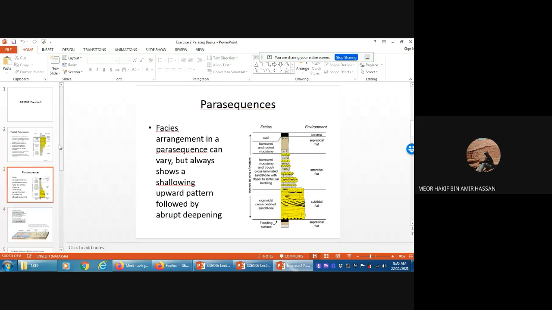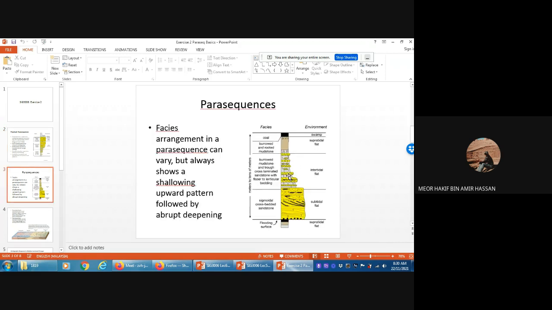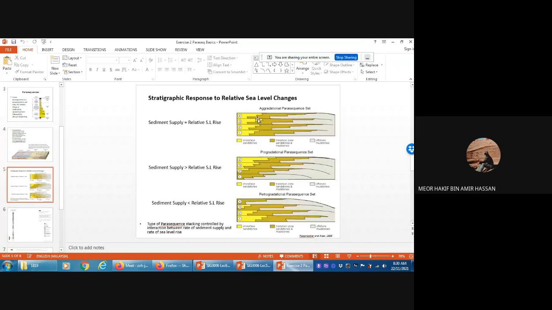Okay, parasequences like this, and so you have these shallowing upward successions, things like going from offshore, lower shoreface to upper shoreface, or going from prodelta, delta front, and so on, right? And there you can find these kinds of patterns, things like aggradation, progradation, and retrogradation of your parasequence sets.